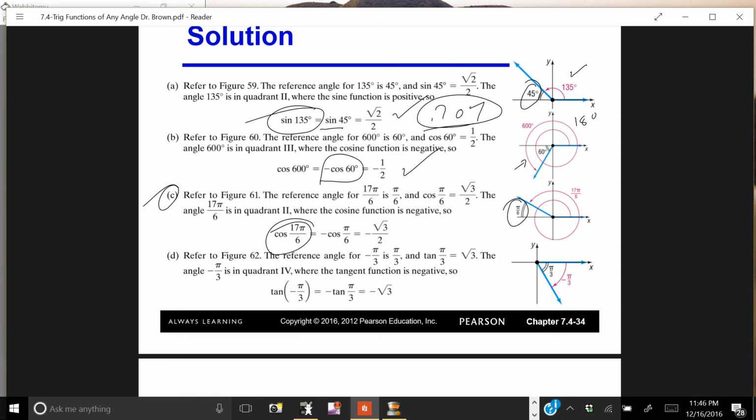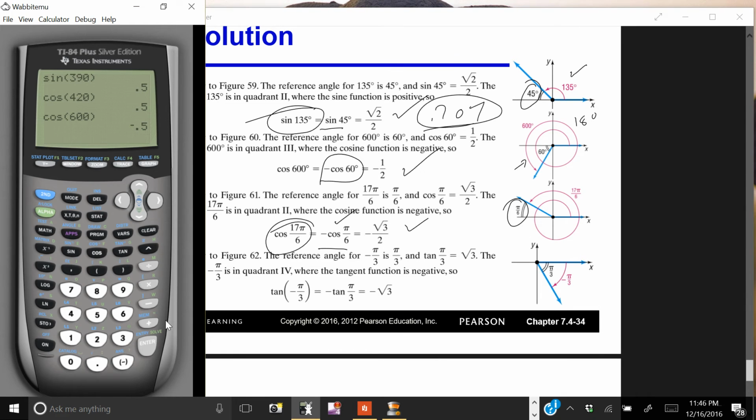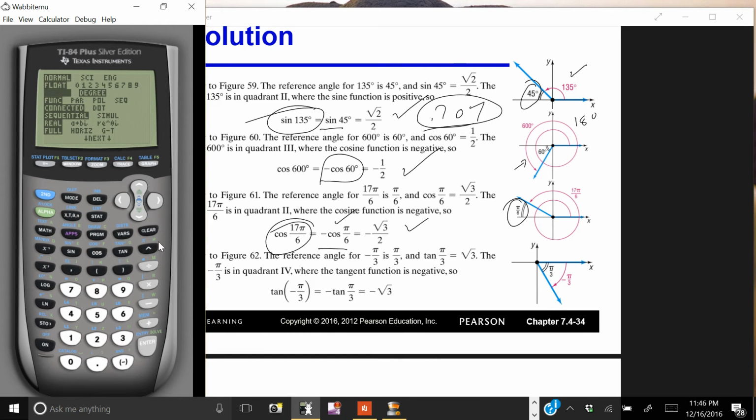The cosine of that angle is going to be negative, so if we take minus cosine of pi over 6, we get minus the square root of 3 over 2. But let's go ahead and put cosine of 17 pi over 6 in our calculator. We have to change it to radian mode.